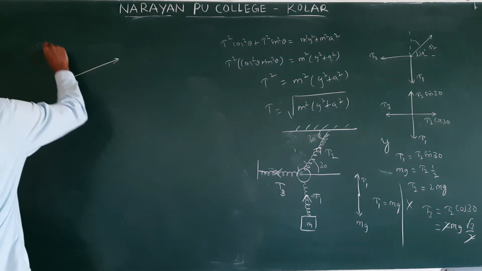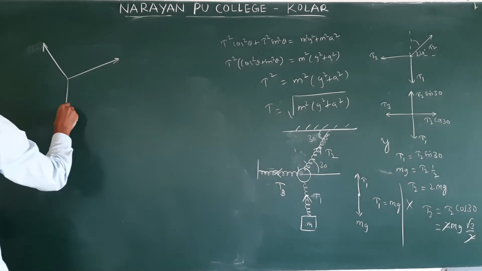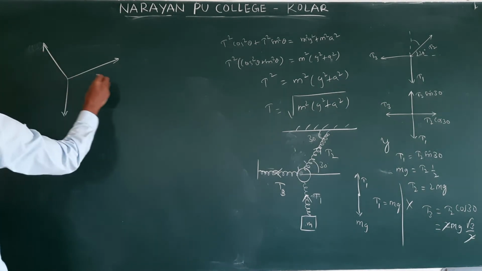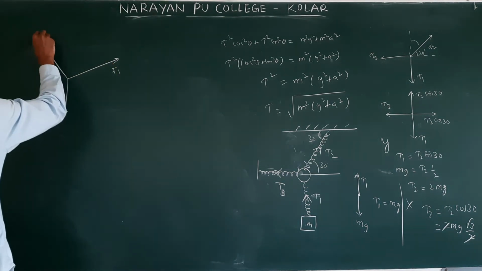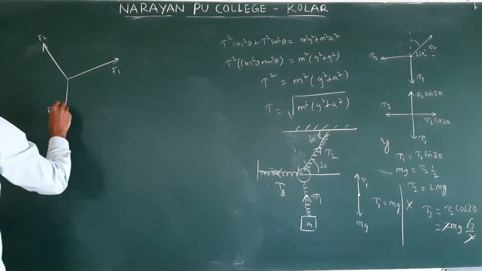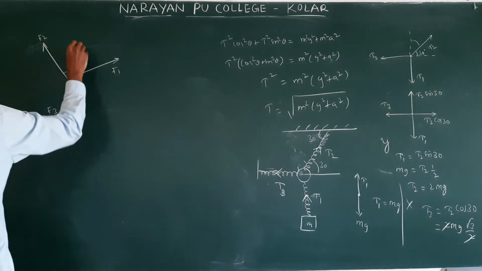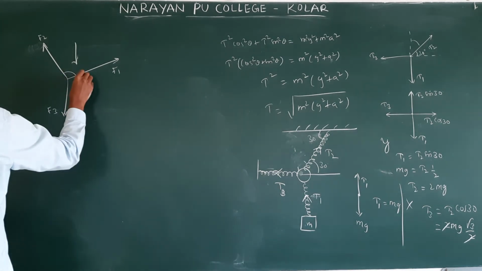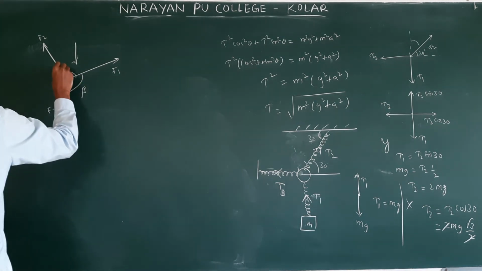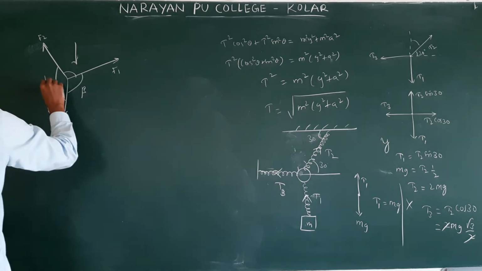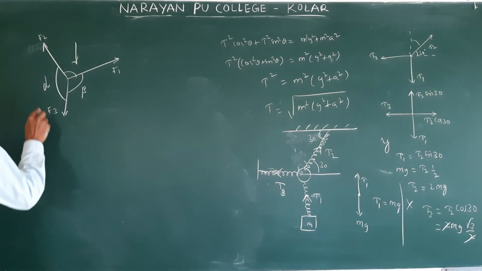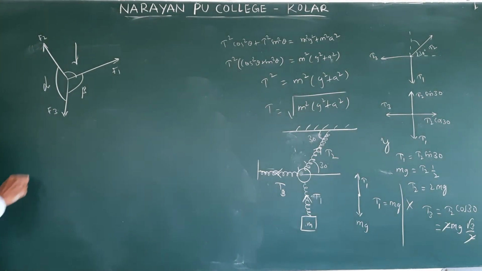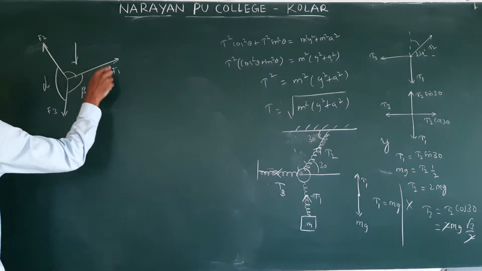Suppose three vectors are acting like this. Let us say this is f1, f2 and f3. This angle is, let us say, gamma, this angle is beta, and this angle is alpha. Alpha is the angle between f3 and f2. Gamma is the angle between f2 and f1.